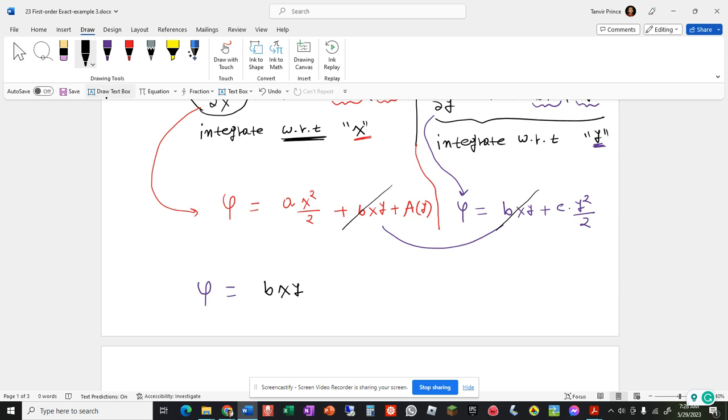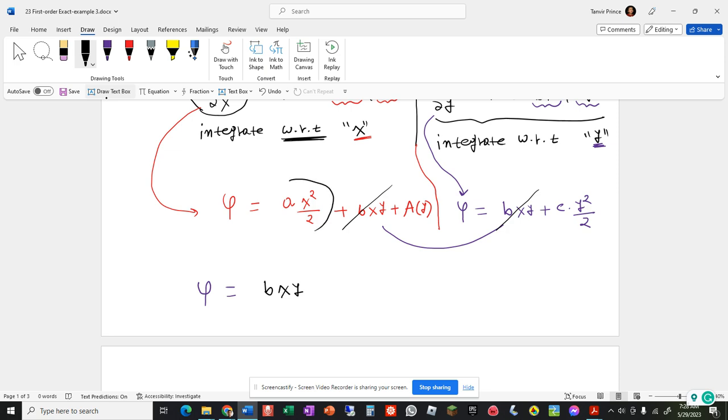So bxy is an example of a cross term. I just cross it out and take one of them. Is there anything else common to both? No. So everything else, you just write down.